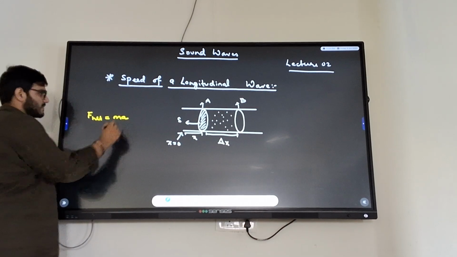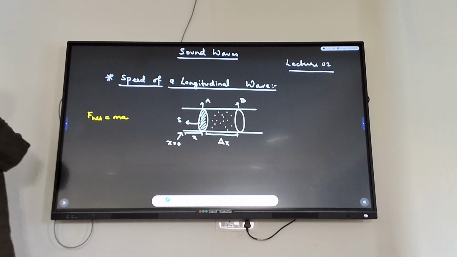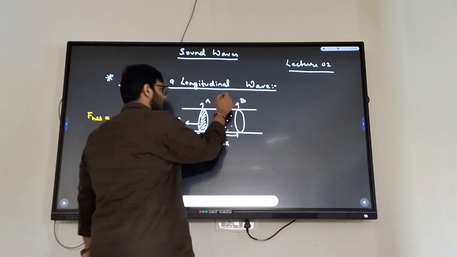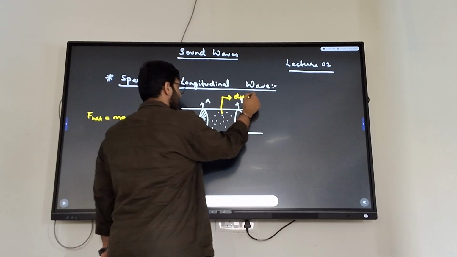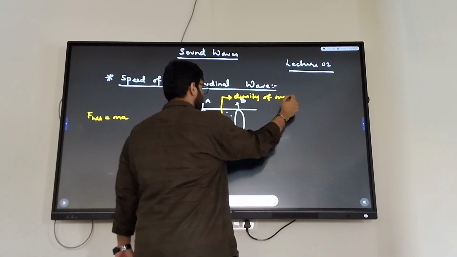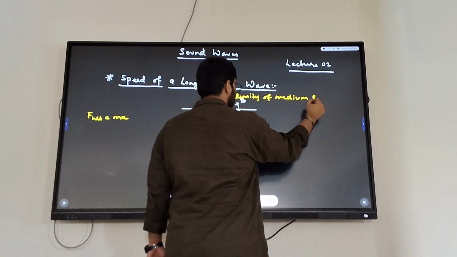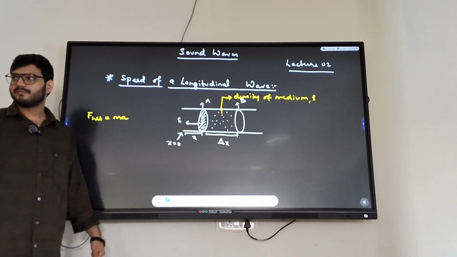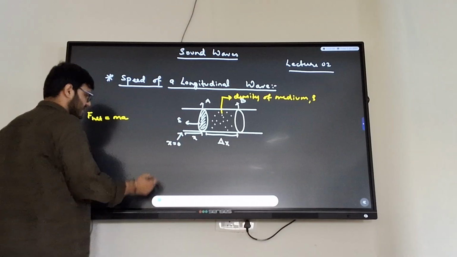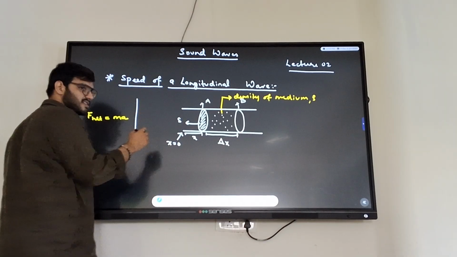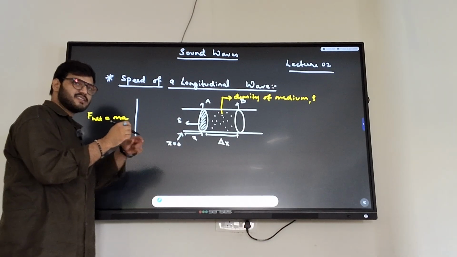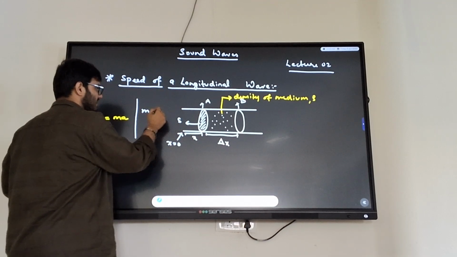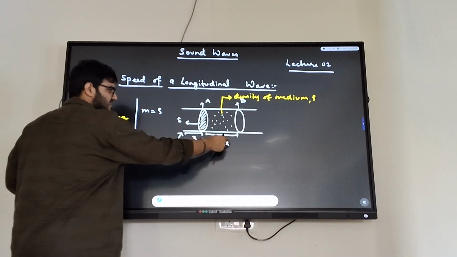If the density of the medium is rho, can you tell me what is the mass contained in this cylinder? Rho into S into delta x. Very good. Density equals mass upon volume, so mass equals density into volume. So mass is equal to density, that's rho, and the volume of the cylinder is S into delta x.